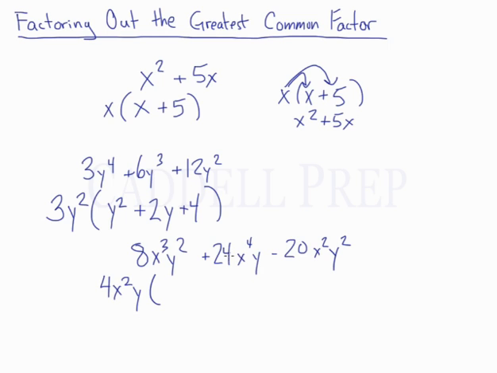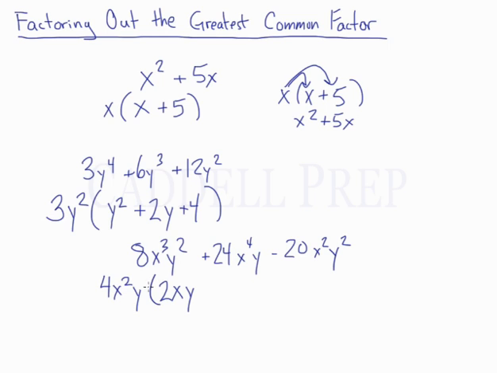And now we're going to divide each of these terms by this greatest common factor. 8 divided by 4 is 2. x cubed divided by x squared is x. Subtract exponents. y squared divided by y to the first is just y.